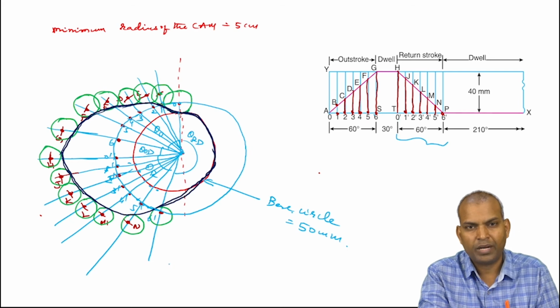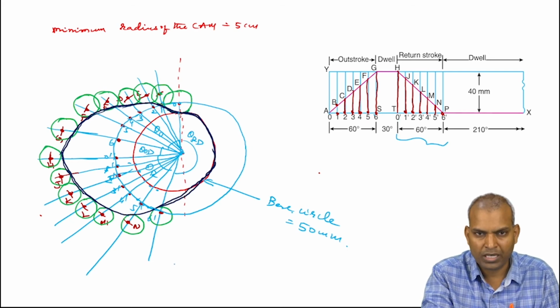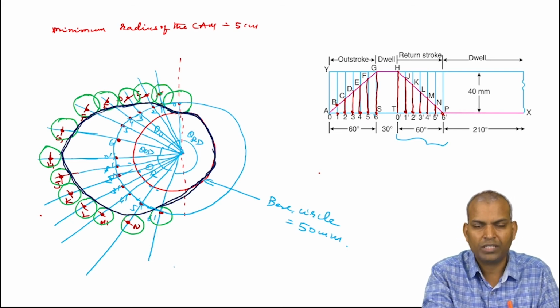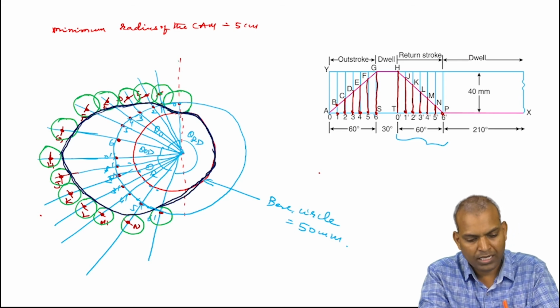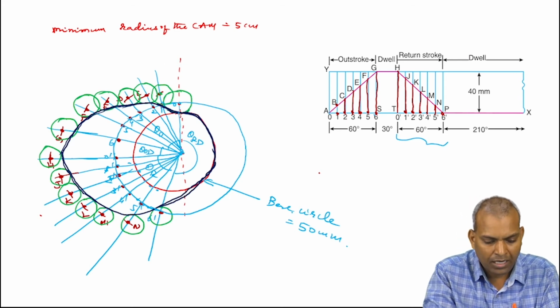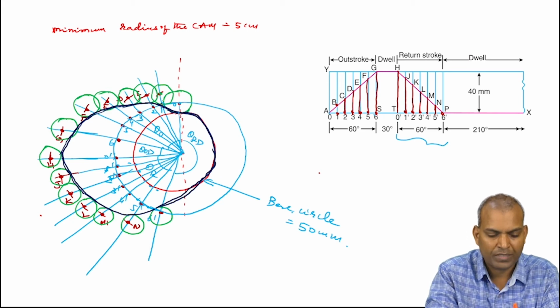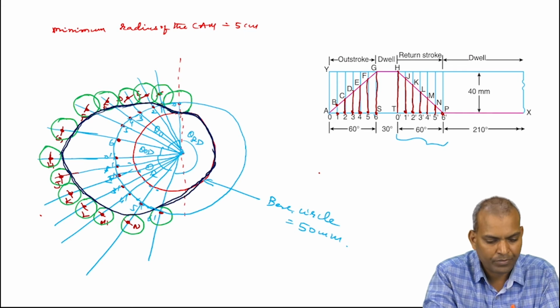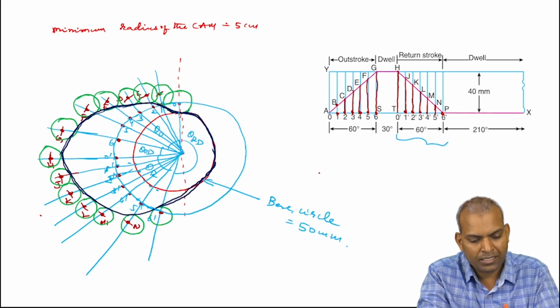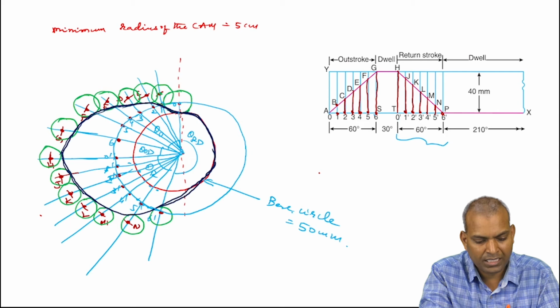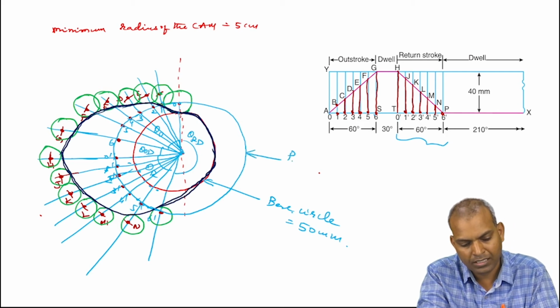The roller axis passes through the center of the camshaft, so draw a camshaft line. Then mark the center of the roller and draw a roller circle with a radius of 5 millimeters. Then from the center of the roller and the base circle center, draw the prime circle.